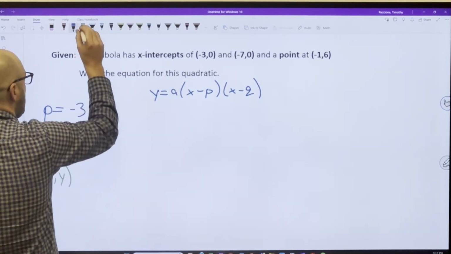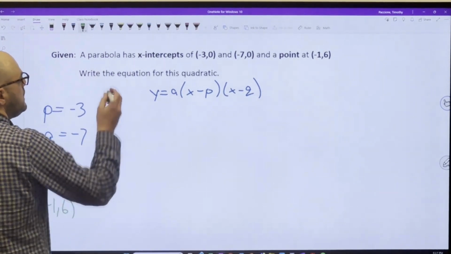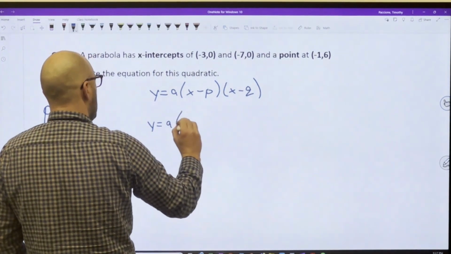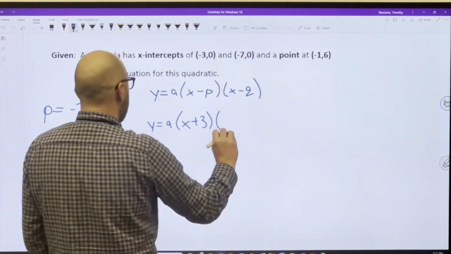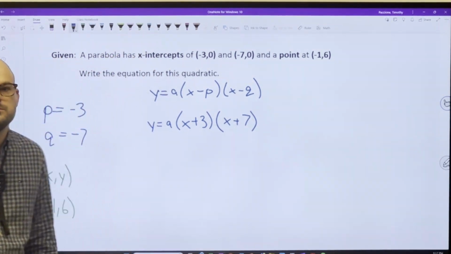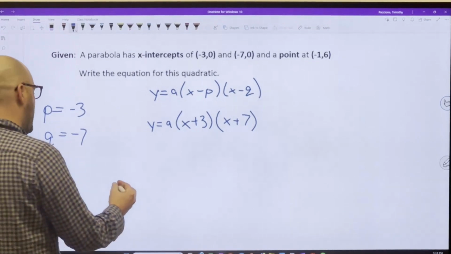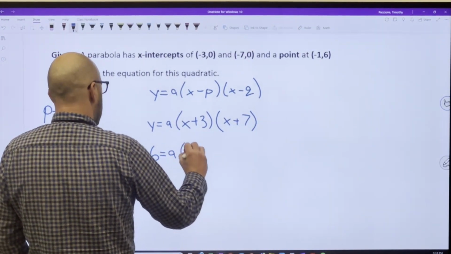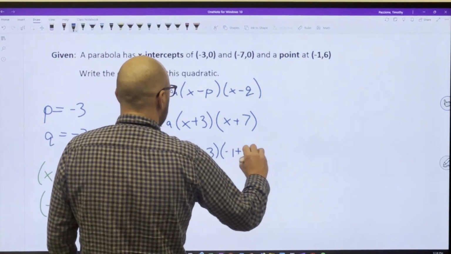What's my xy? Negative 1 and 6. Okay, now I plug them in. So y equals a times x minus 3 is plus 3, and minus 7 is plus 7. Right? Now I plug in my x and y. What's my y? 6 equals a times (negative 1 plus 3)(negative 1 plus 7).